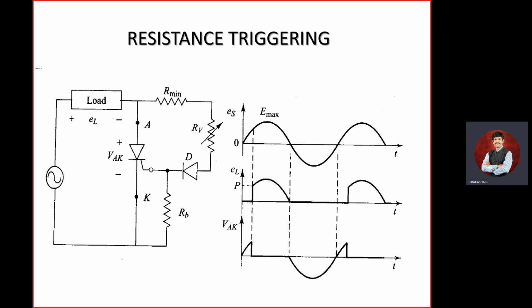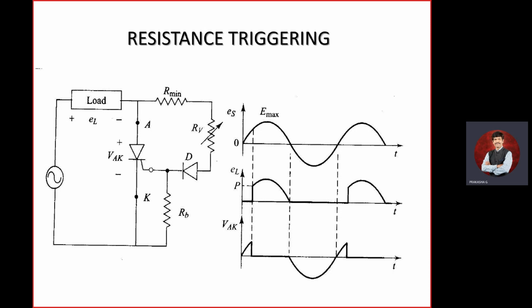So initially my input will be like this. This is my input, because it is ES, and I have the maximum value, that is E max. This is 0, this is E max, with respect to time.